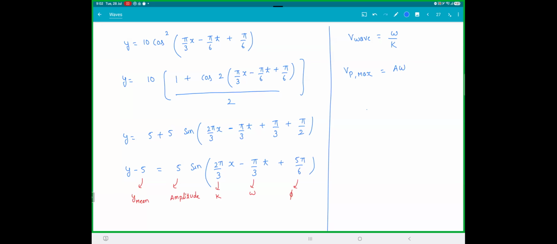Any ideas how to get acceleration? One way to do is double differential. So take that y. So v will be dou y by dt. Differentiate. Acceleration will be double differentiate, dou v by dt. And then you substitute and you'll get an answer. There is a better way. Since the particle is going in SHM, can I write a is equal to minus omega square times y minus y mean?